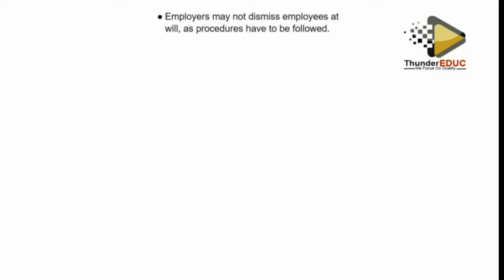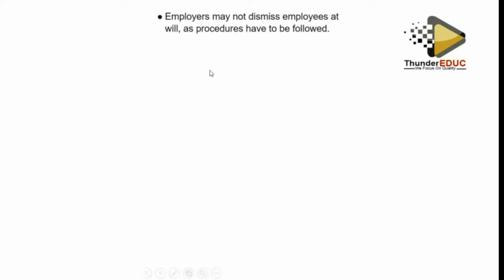Remember, whenever we refer to the competitor, we refer to what? We are saying that employers may not dismiss employees at will, as procedures have to be followed. Sometimes, yes, you may find the culprit who started the strike, you see that, okay, this one is the one who started the strike. But you can't just fire that person because the person started the strike.